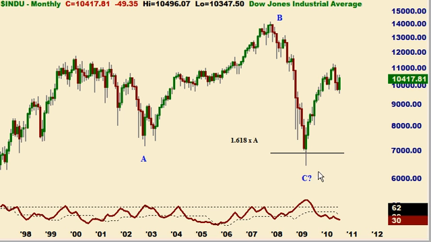Moreover, later he talks in ratio analysis that the most likely relationship between A and C is 1.618.